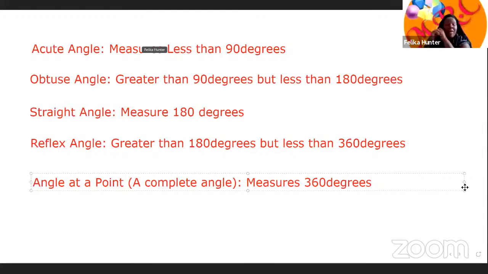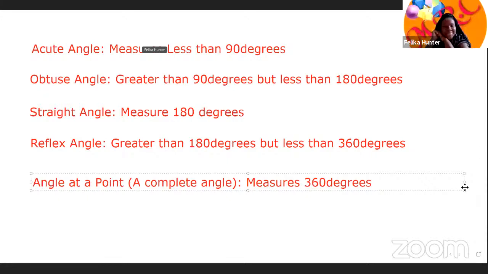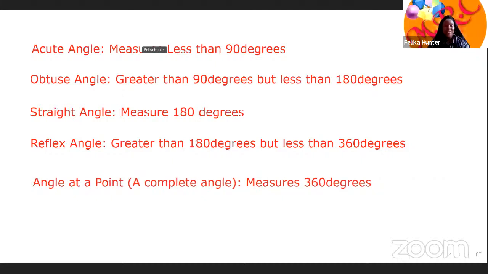And what if it goes around half time? 180. You see how the straight angle comes in now? And what if it goes around quarter time? 90. So let's put a circle here and it gives you a better idea of what's happening.